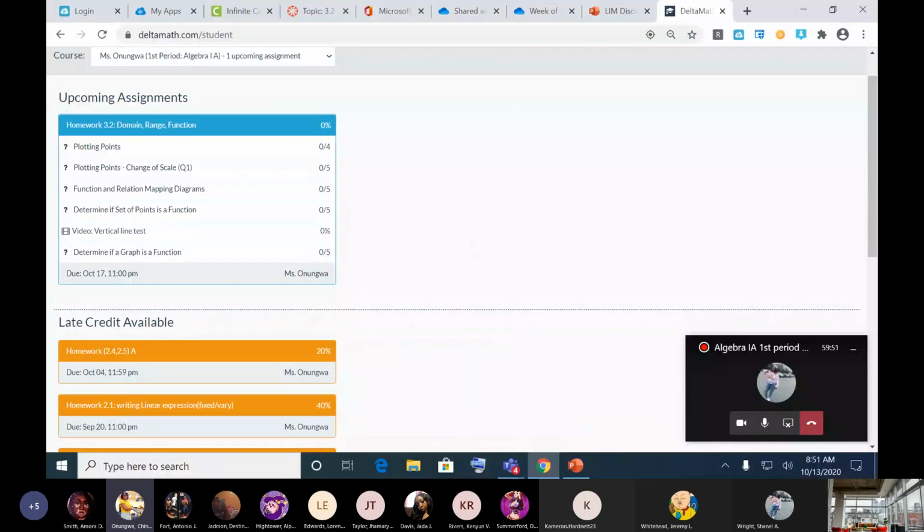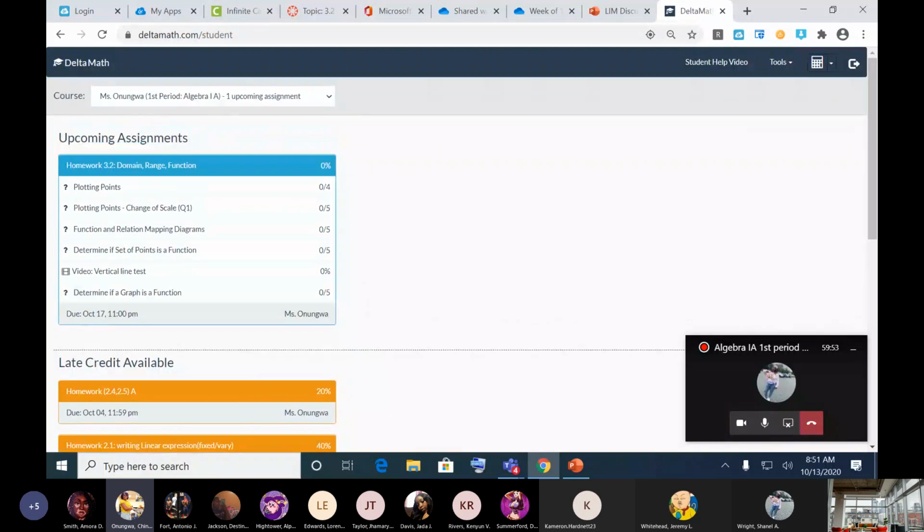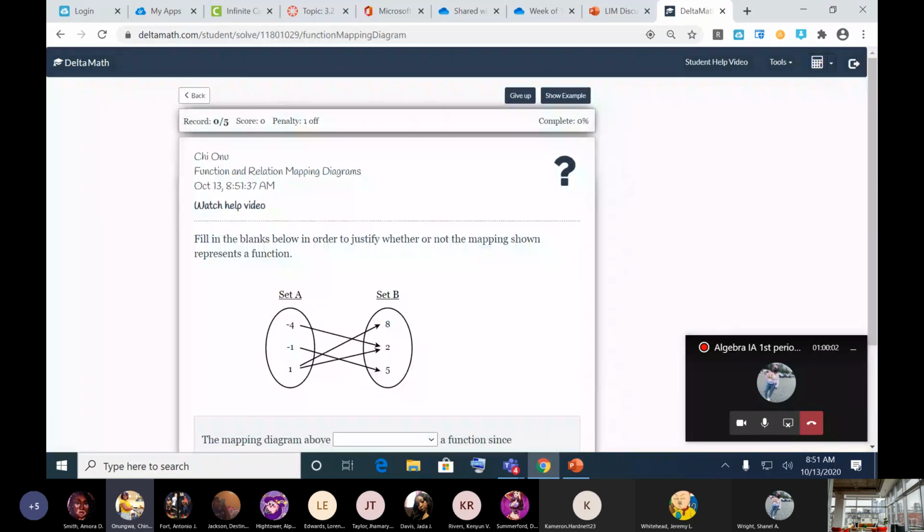But y'all will definitely know functions. So your homework on Delta Math should say homework 3.2, domain, range and functions. The first two are plot points. The second one is where we're talking about whether it is a function or not.